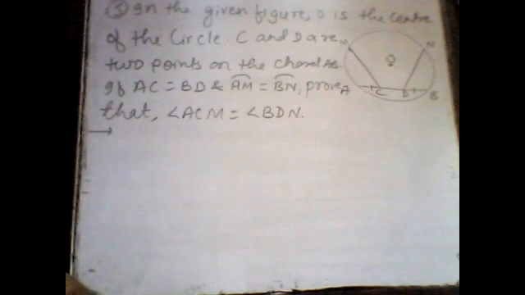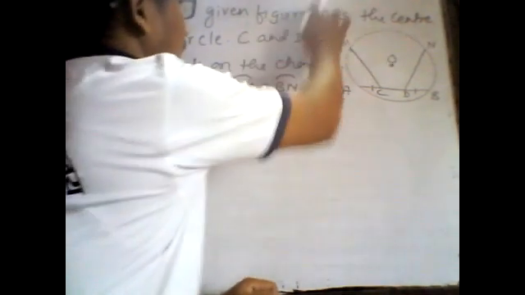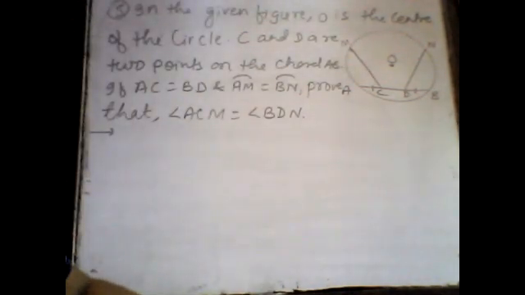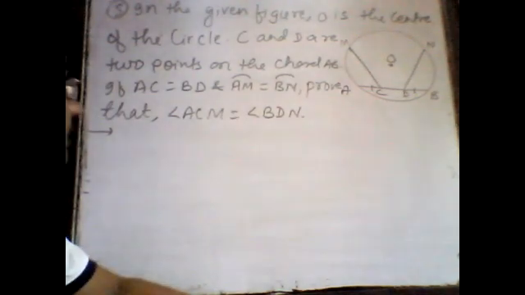See, another question. In the figure, O is the center of the circle, and C and D are two points on the chord AB. What is given there? AC equals BD and arc AM equals arc BN.